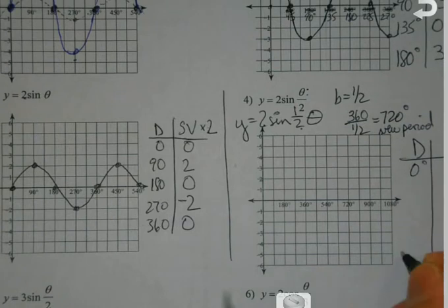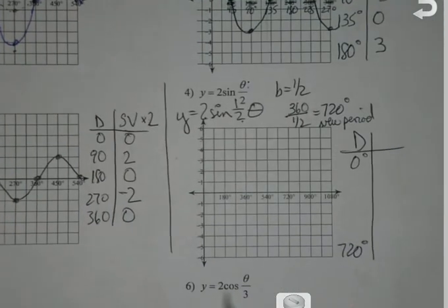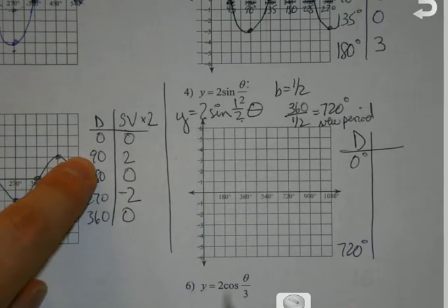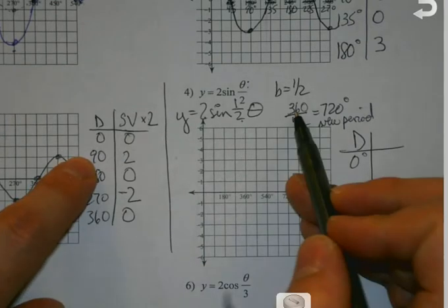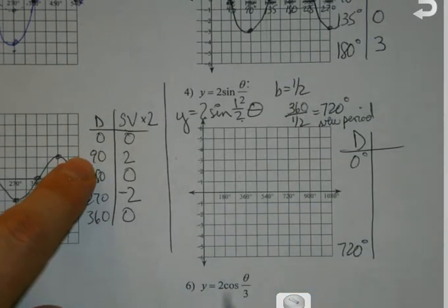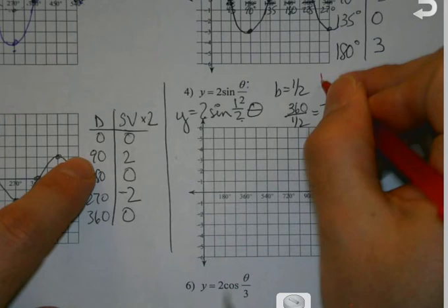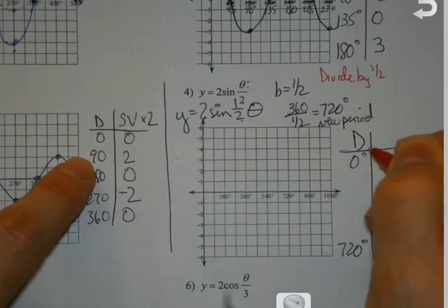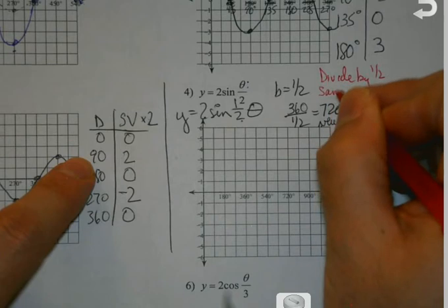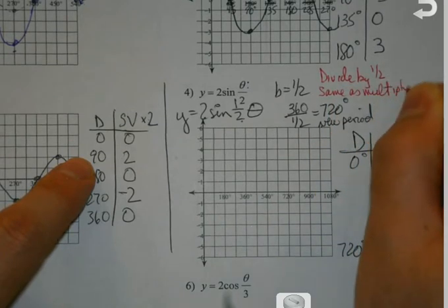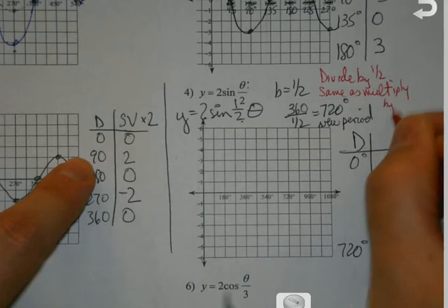So we start with 0. We end with 720. And again, just like we did before, I'm going to take each of these. 360 to 720. Looks like times 2. So let's think about this for a second. Okay. When you divide by 1/2, that's the same as multiply by 2.